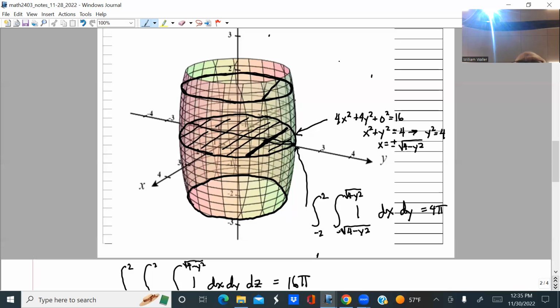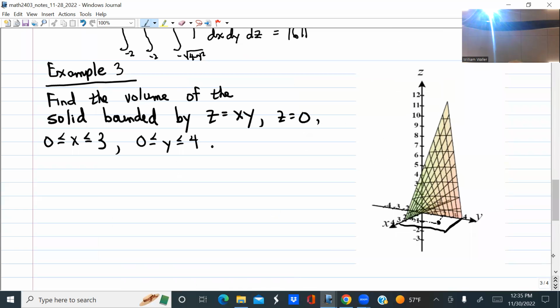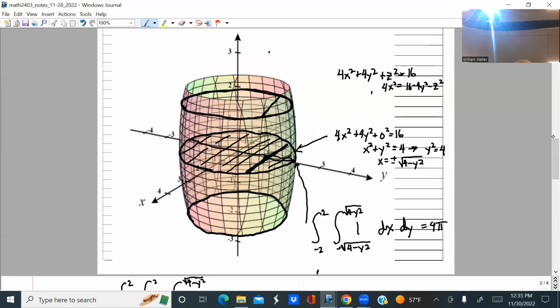So what was the original equation? 4x squared plus 4y squared plus z squared is equal to 16. Let's just keep the z, where z could be any value, but still solve for x. So let's see, what do we get here? It looks messy, but we can do it. So we have what? 4x squared is equal to what? 16 minus 4y squared minus z squared, right? Divide by 4 and then solve for x.